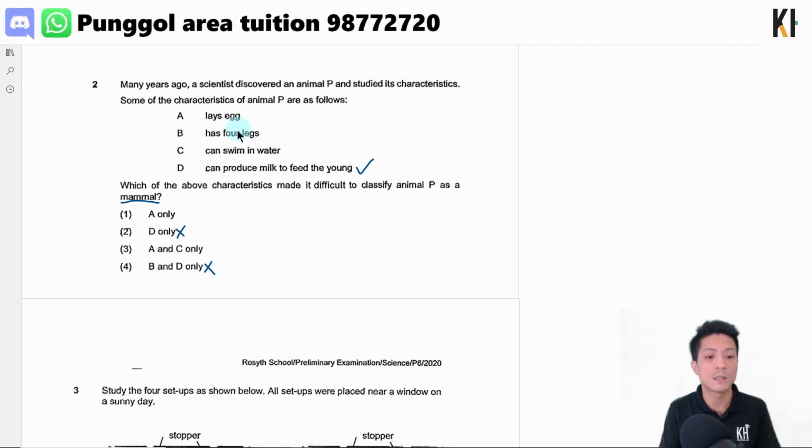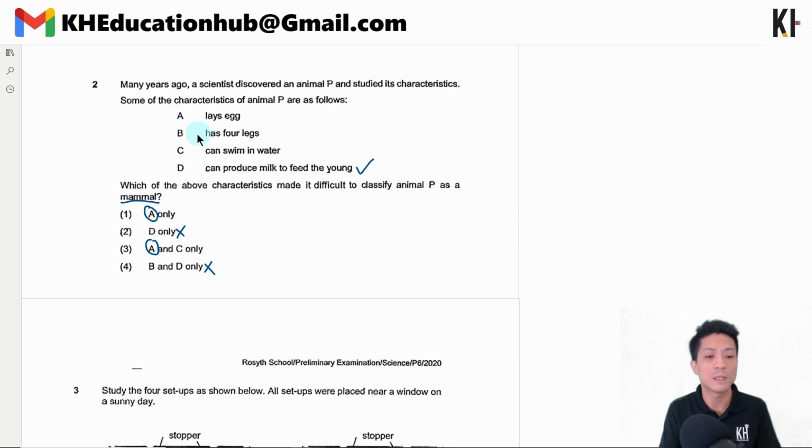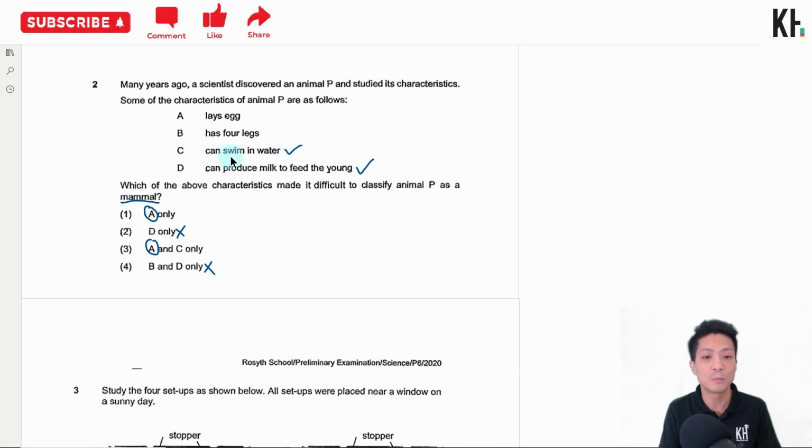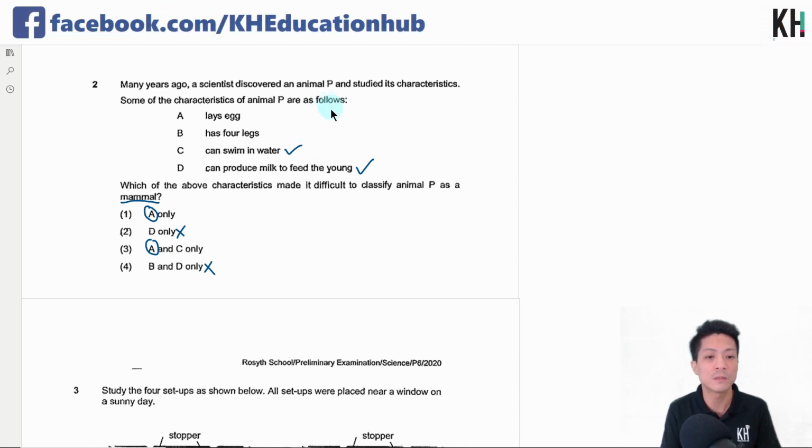So we can immediately eliminate those with option D. Since options 1 and 3 both will have an A, A is definitely included and there is no B, so B is not included. So option A, which lays eggs, is included. Option C, most mammals will be able to swim in the water. It's just whether they can stay inside water for a prolonged period of time, like whales and seals. They want the characteristics that make it difficult.